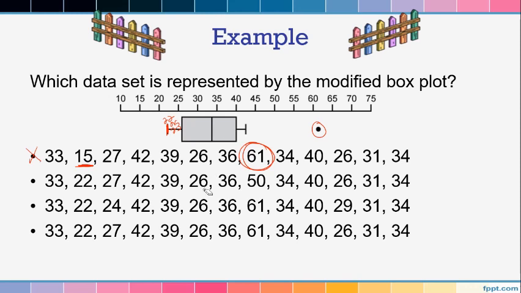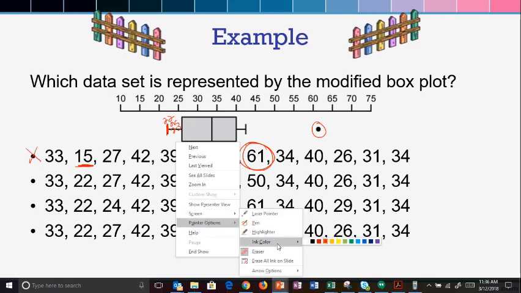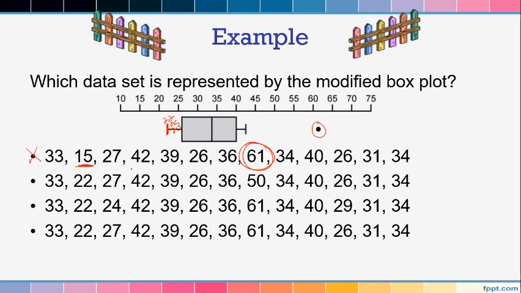Okay, so I'm going to go ahead and then look at my second set of data. Change my color. Okay, so this next time, I'm looking for that 61 again. So if I scroll through here, I don't see that 61 anywhere. I see a 50 instead. And that is not representative of the data because it doesn't include the outlier. So this next set of data, I've got the 61. And then I want to look for like that 22.